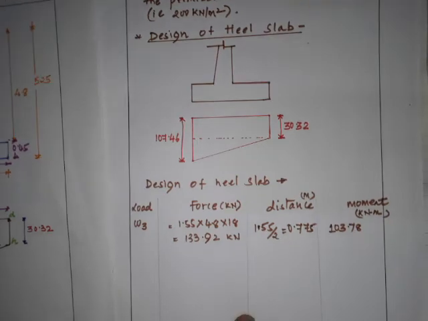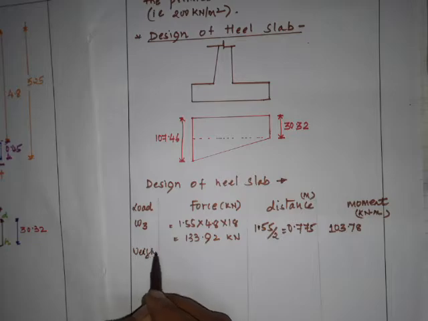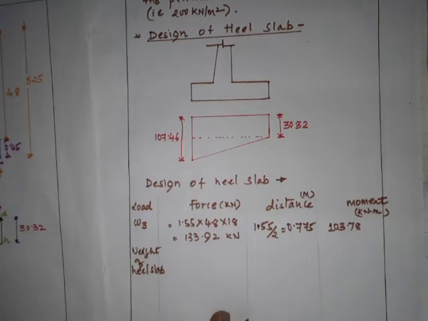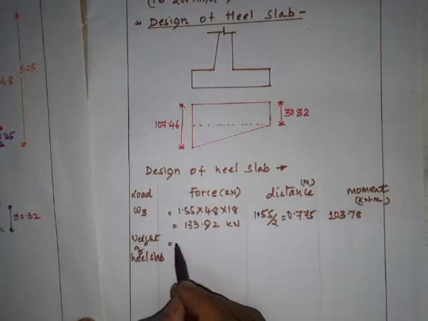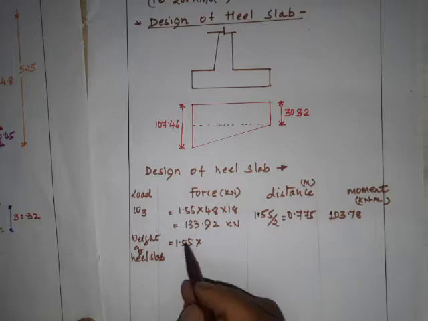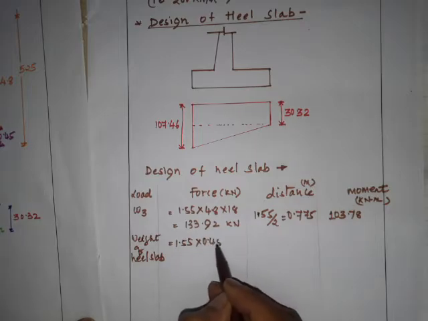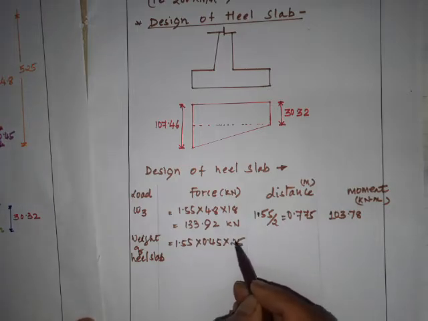Then the next force acting on the heel slab is the weight of the heel slab. Okay, you have to consider the weight of heel slab. So again the force here is 1.55 into thickness 0.45 into the density of concrete 25.